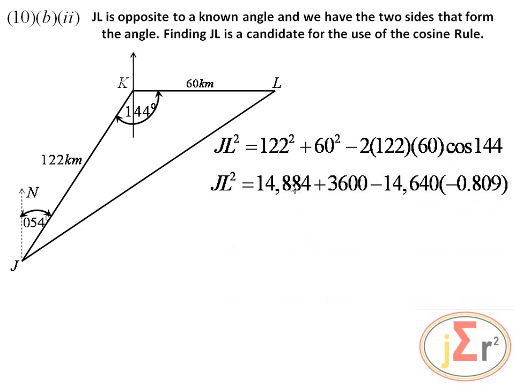Square this number, square this one, then multiply this, we have it right here, and cosine of 144 is negative 0.809.